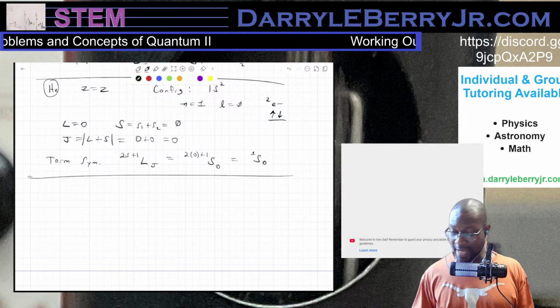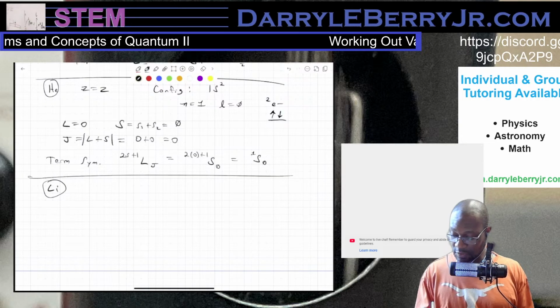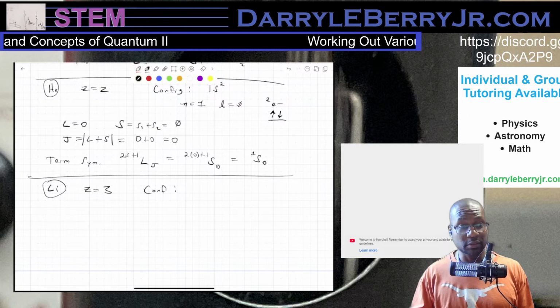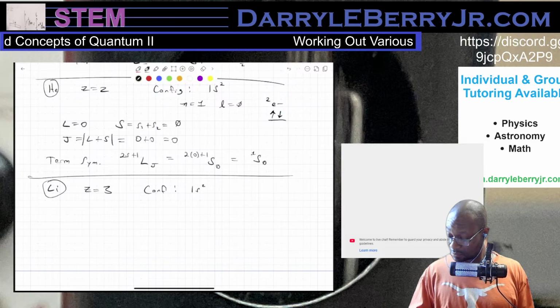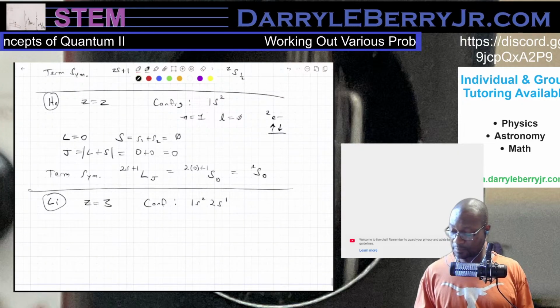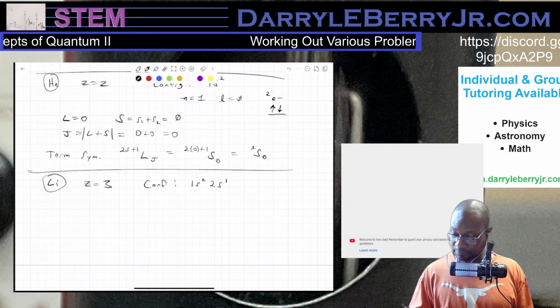The next atom is lithium. It has 3 protons. The configuration is 1s2 2s1. Before, I was trying to figure out how to do the configuration, but I do remember on the exam he just gave us the configuration, so I'll not worry about that.